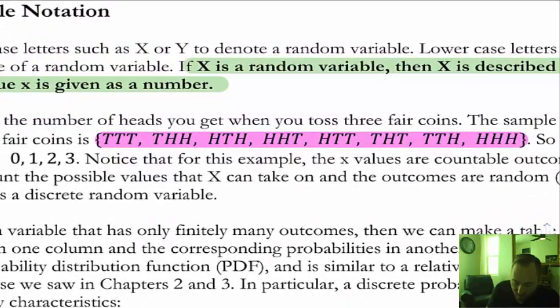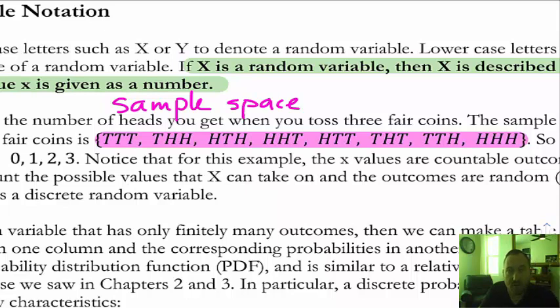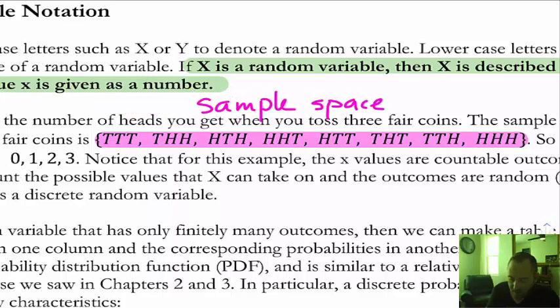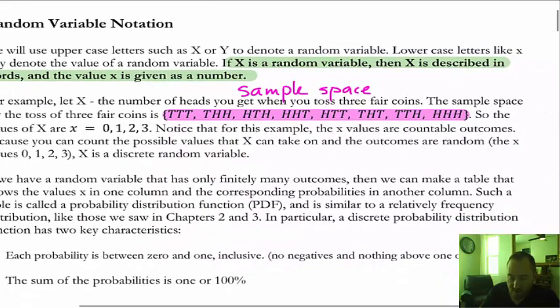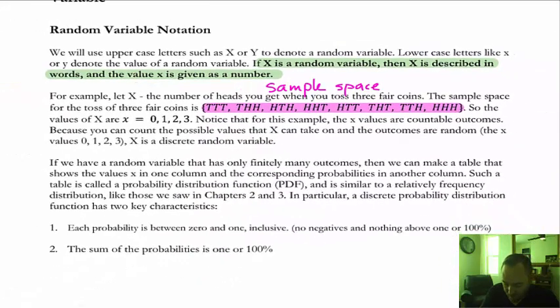So this will be somewhat of a task on your part to put together all the different outcomes, be it cards for the 52 card deck, in this case 3 tosses of a coin, 2 tosses of a coin, could be 4 tosses of a coin, could be something like rolling a die, then tossing a coin, things like that. So you need to develop the sample space first. In the preliminary examples, we'll do that for you, and then as you go through the problem set, you'll need to do that on your own.